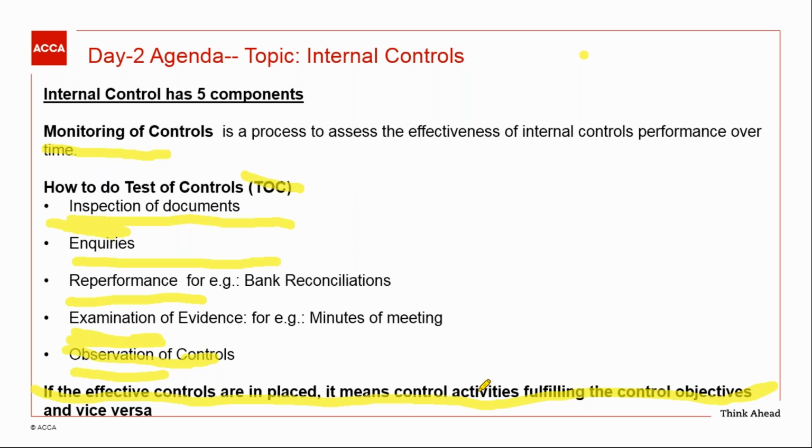If the organization's internal control is not strong, obviously there is a chance of errors, and the chance of errors can increase.